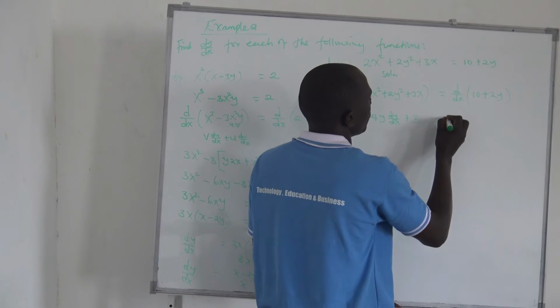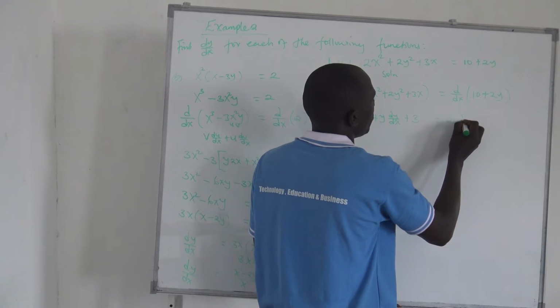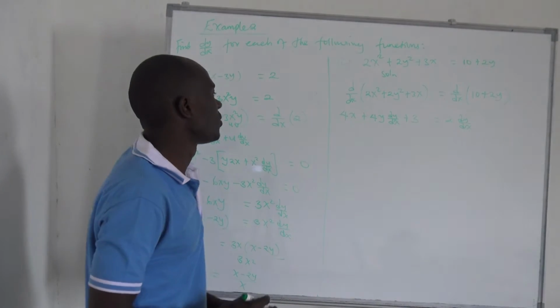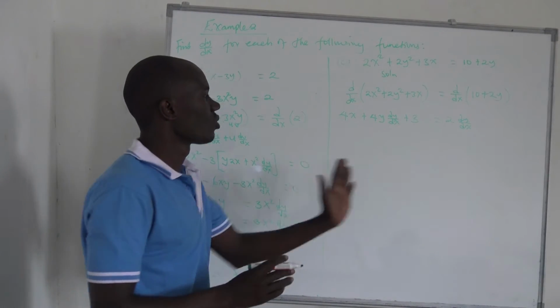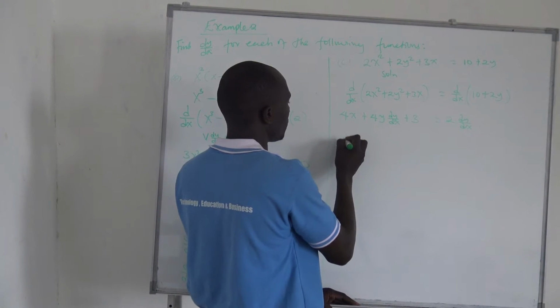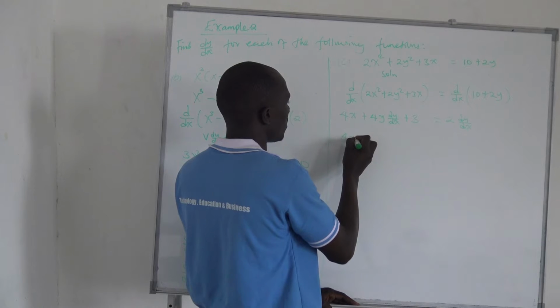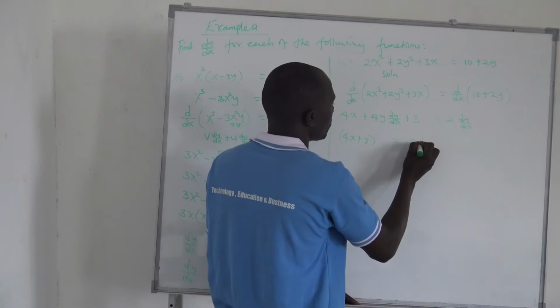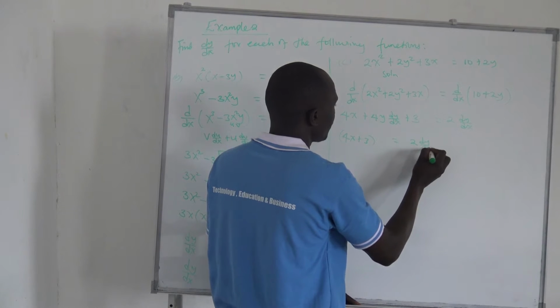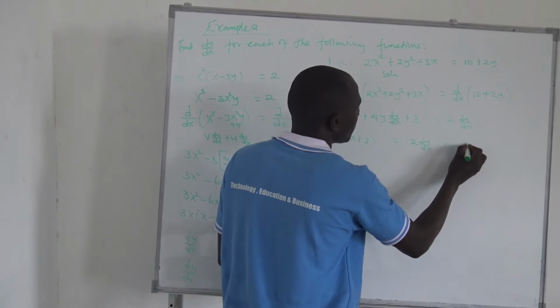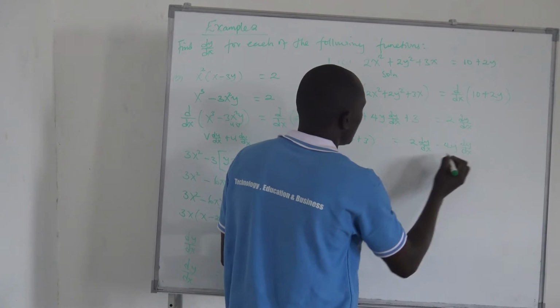When I differentiate 2y, I get 2 dy/dx. Those ones with dy/dx, we put them on one side. What am I remaining with? I'm remaining with 4x plus 3 equals 2 dy/dx minus 4y dy/dx, because the positive goes and becomes a negative.